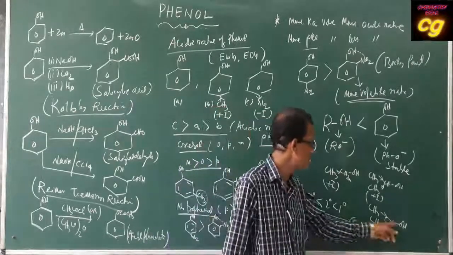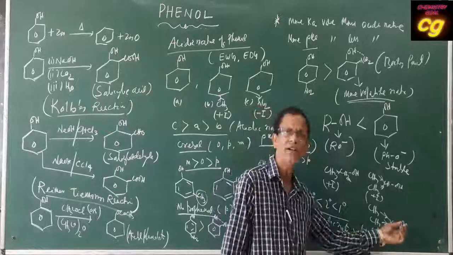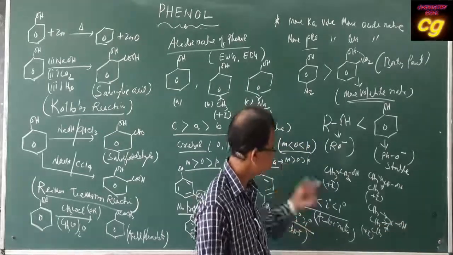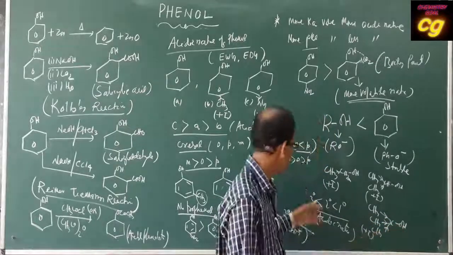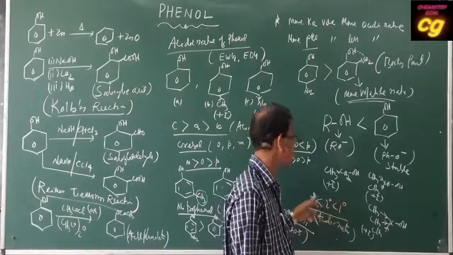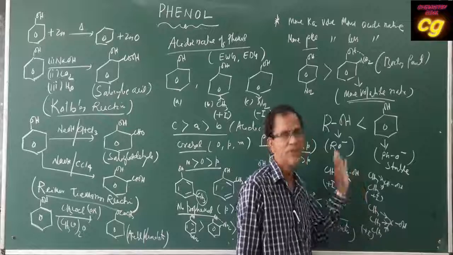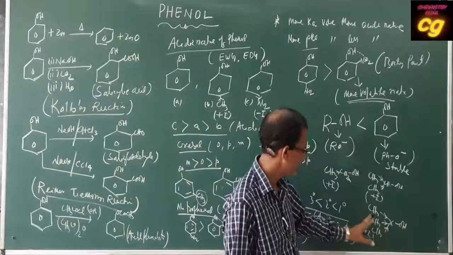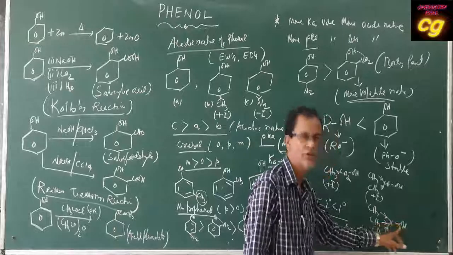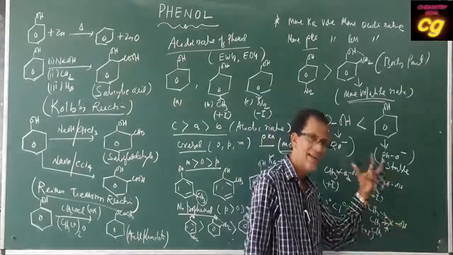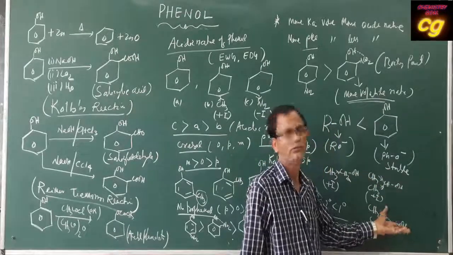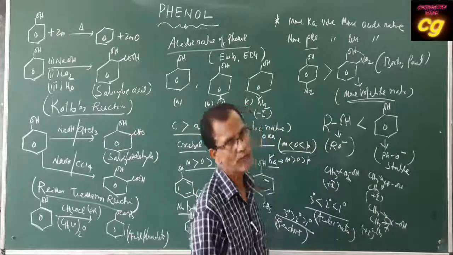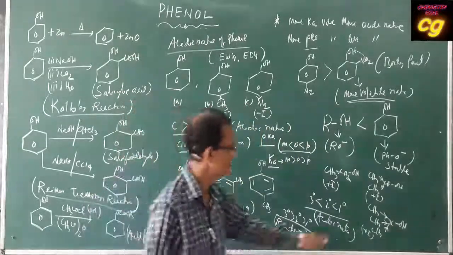When you consider the OH bond interaction, primary will be more active than secondary, than tertiary, because of the plus I effect. It cannot lose H plus easily, because the electron density at the oxygen atom will be more. So it attracts the releasing H plus, and H plus cannot easily be removed from O minus. That's why acidic character is less.